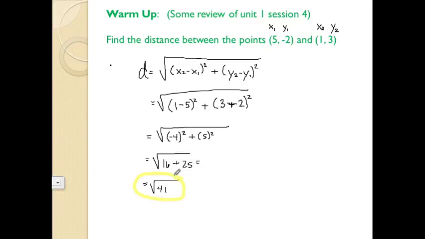Square root of 41 is 6.403124, blah, blah, blah, keeps going. So if I put it in a decimal form, I would have to round. So I'm just going to leave my answer as square root of 41 because that's my most exact answer. I don't have to do any rounding. So sometimes it's better to just leave your answer as a square root of a number so that you have your most exact answer. You don't have to do any rounding.